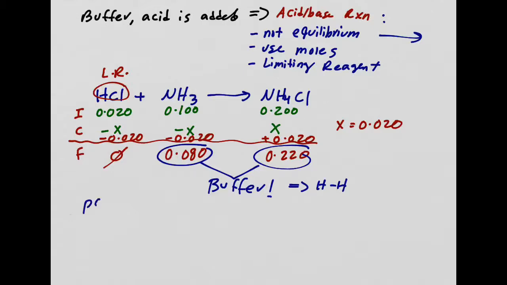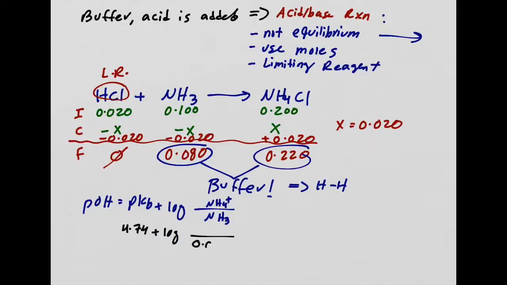So pOH, because I have a base, equals pKb plus log. Down here is ammonia, up there is ammonium. pKb again from the last part is the same. pKb is going to be 4.74 plus log. Now my ammonia is 0.080.